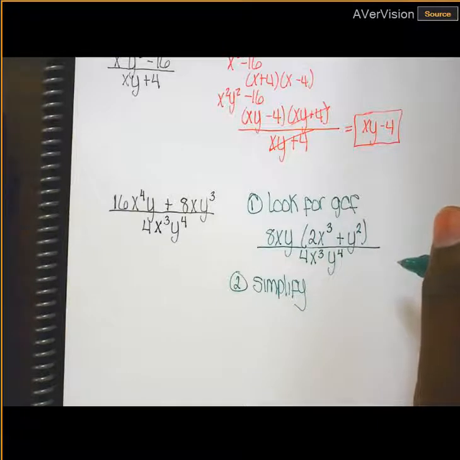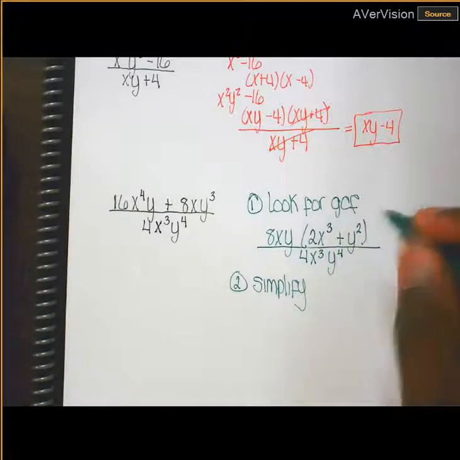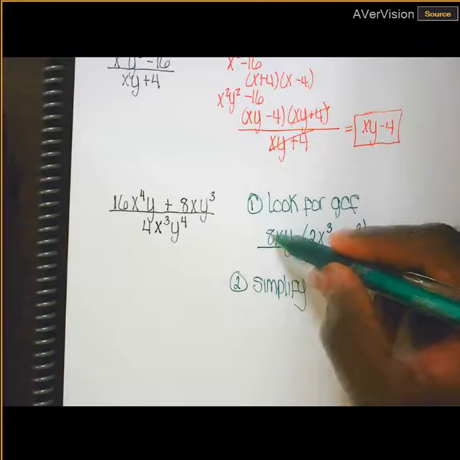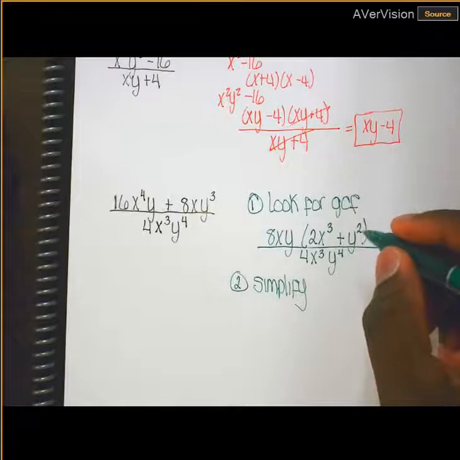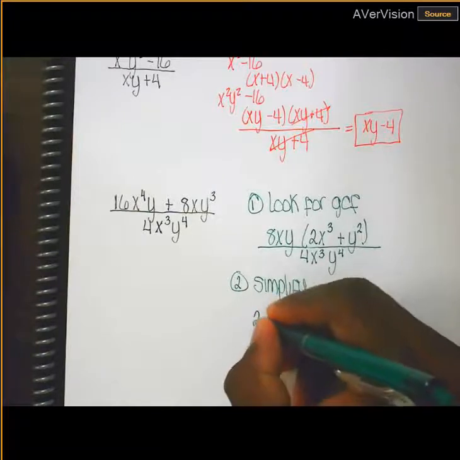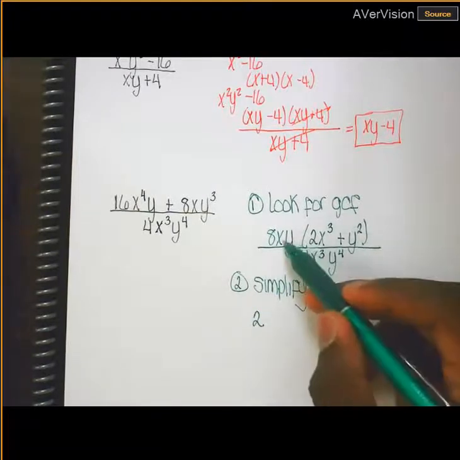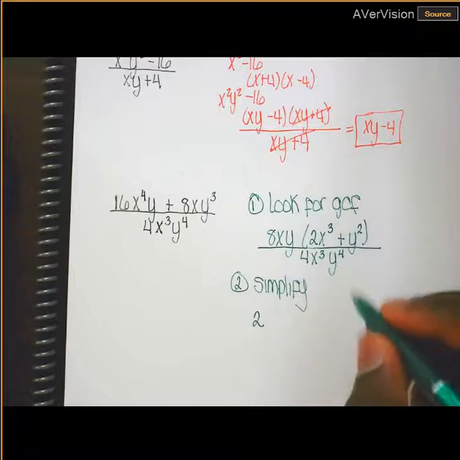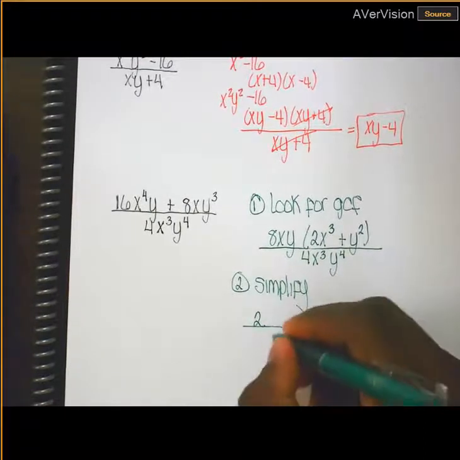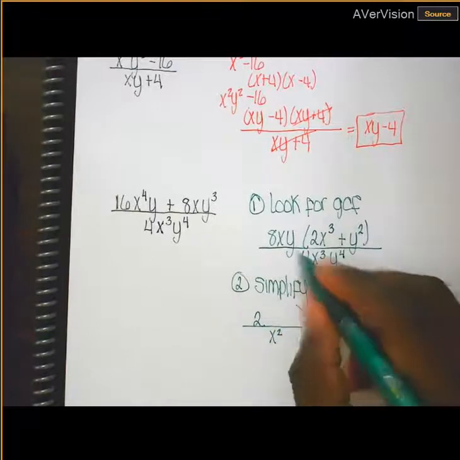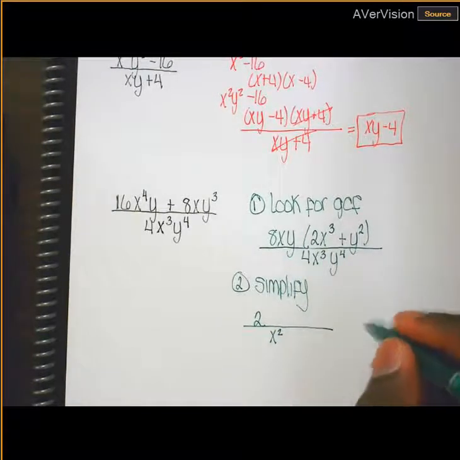We are allowed to, yes, we're allowed to divide and simplify. So we can divide 8 by 4. What do we get? Yeah. We can divide x by x cubed. What do we get? Divide y by y fourth.